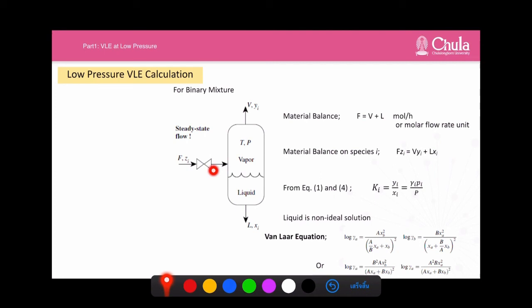What we feed to the system separates into vapor and liquid streams, right? So F equals V plus L, right? Where V is the flow of vapor, L is the flow of liquid.